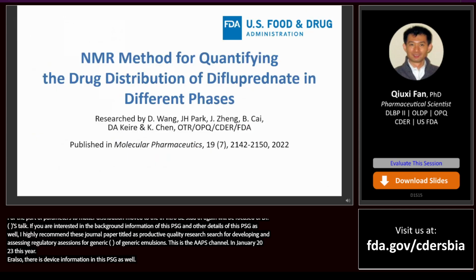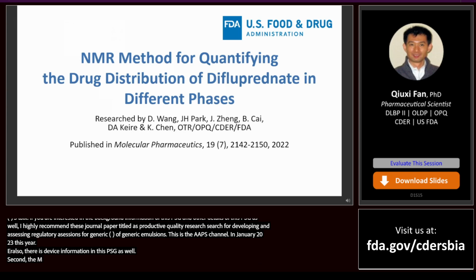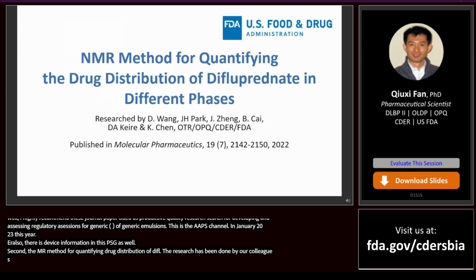Second, the NMR method for quantifying the drug distribution of difluprednate in different phases. This research work has been done by our colleagues in OTR of FDA, and the work was published in Molecular Pharmaceutics last year.